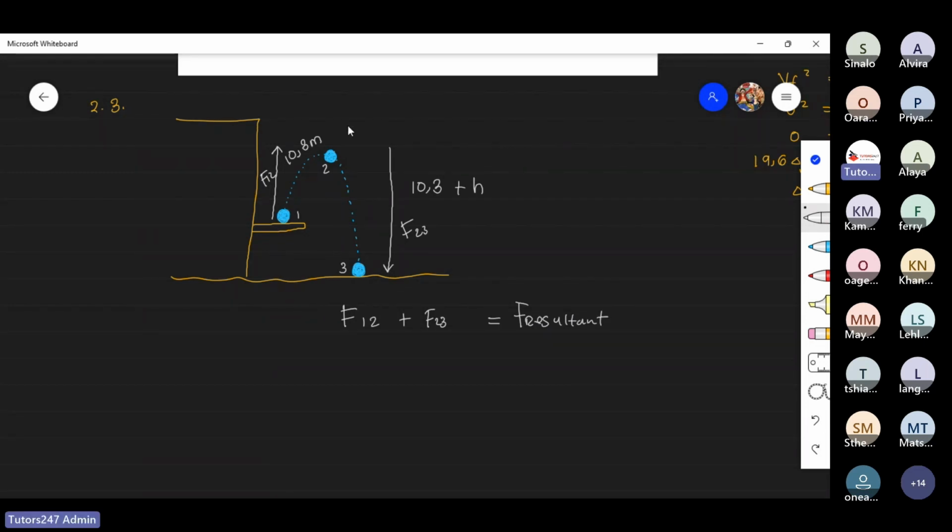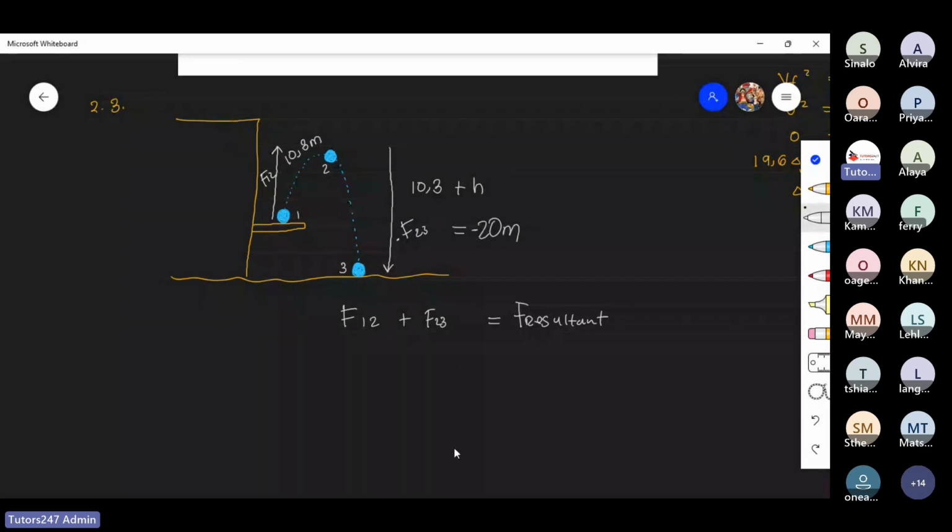Let's have a look at their directions. We're taking upwards as positive and downwards as negative, which means this is going to be negative F23. So let's say, for whatever reason, we're using an example. This is not the value. Let's just say we calculated the vector of F23 as, let's say, 20 meters.